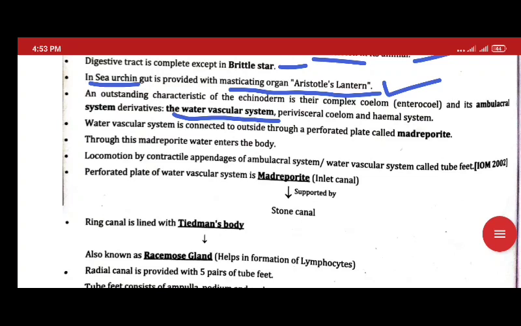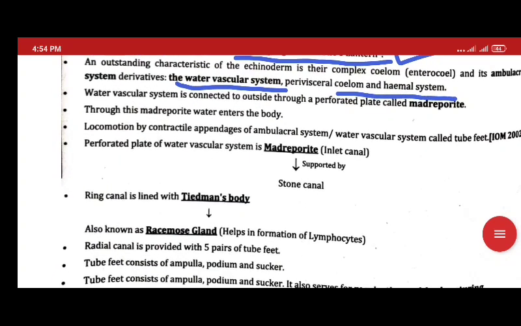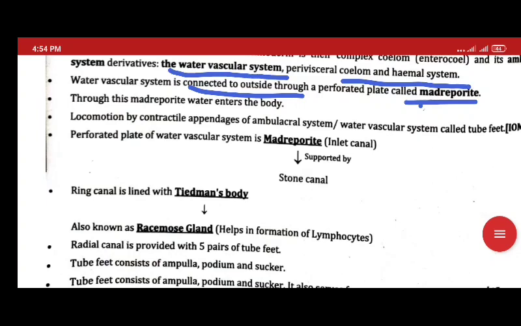There in Porifera the water vascular canal was present, and coelom with hemal system. Now this is the madreporite connecting to the outside, and through this madreporite water enters.